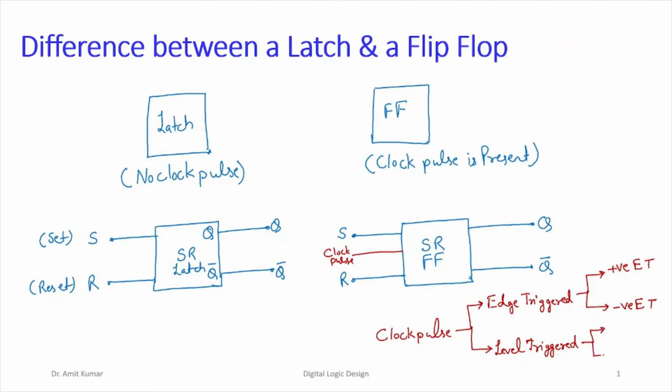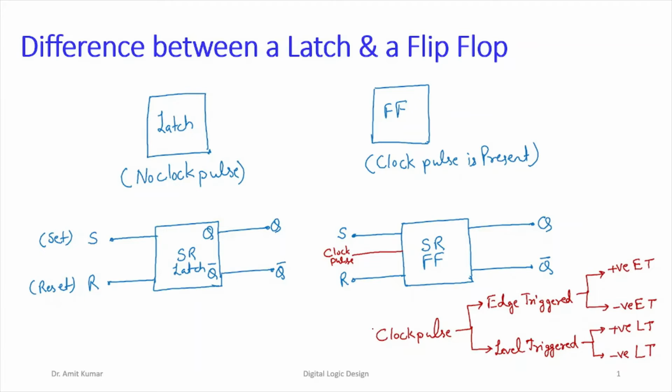The clock pulse can be positive level triggered, such a flip-flop is called a positive level triggered flip-flop, and the clock pulse can be negative level triggered, such a flip-flop constructed using the negative level triggered clock pulse is termed a negative level triggered flip-flop.